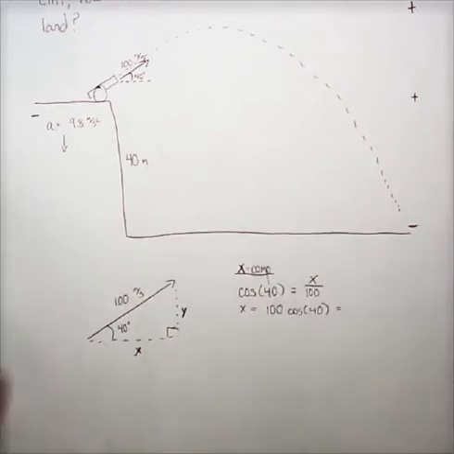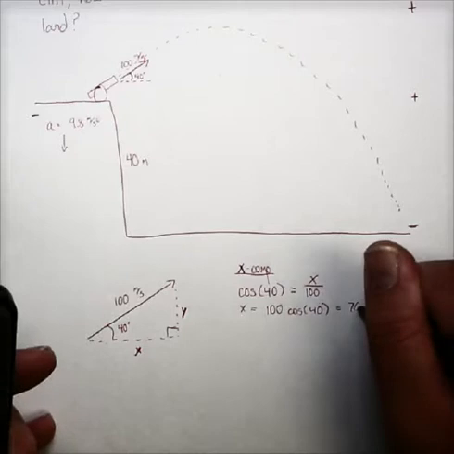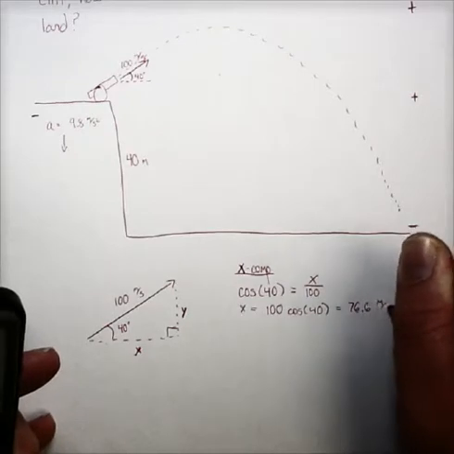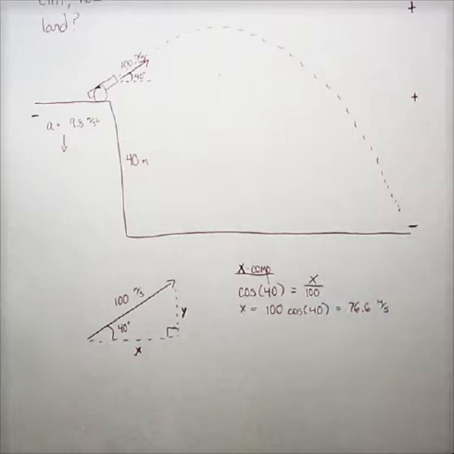And huzzah for calculators. We end up with 76.6 meters per second in the x direction.